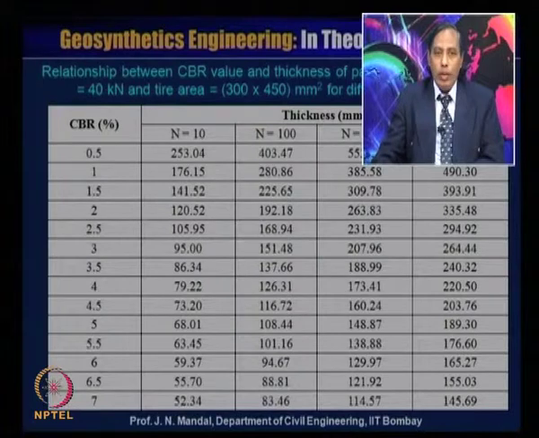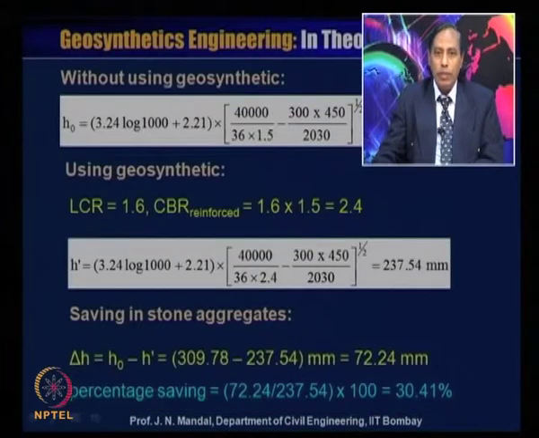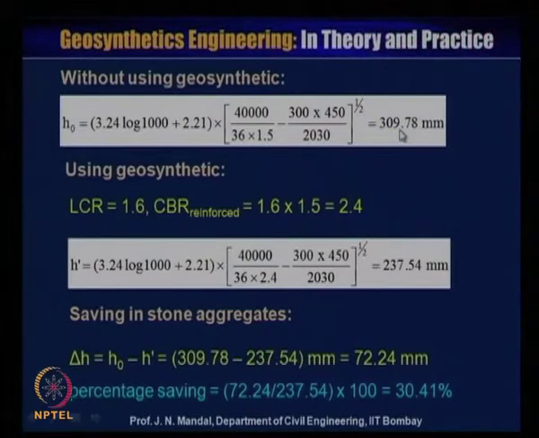So this is a 40 kilonewton wheel load, the tire pressure is the same, and let us say the CBR value is 1.5 and the N value is 1000. You can see that the thickness of the pavement is 309.78, approximately the same value.